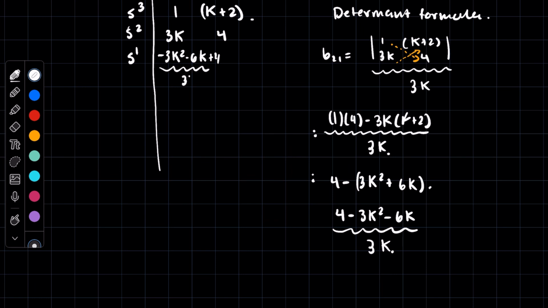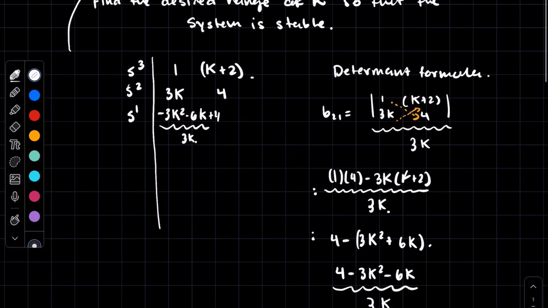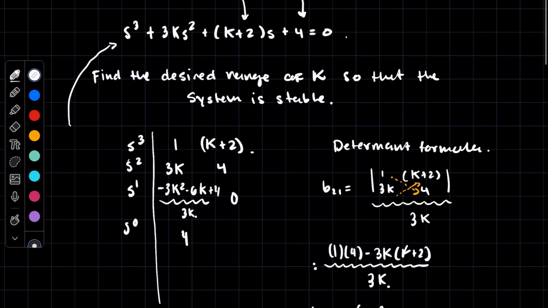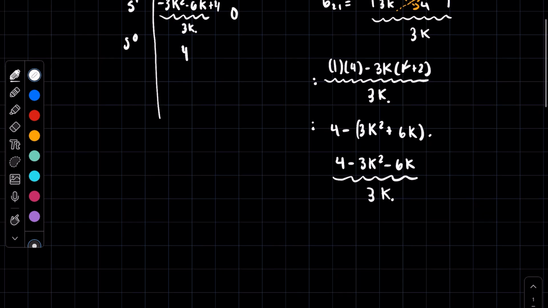And this one's also 0. And then for S0, because this is the last coefficient, we can just end this here at 4, and our tabulation, our array, is complete.